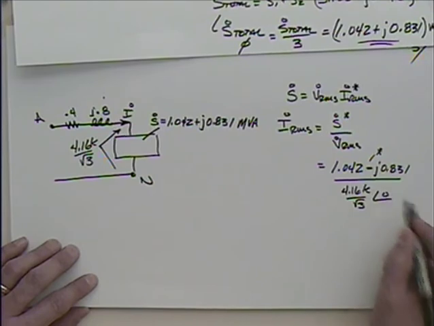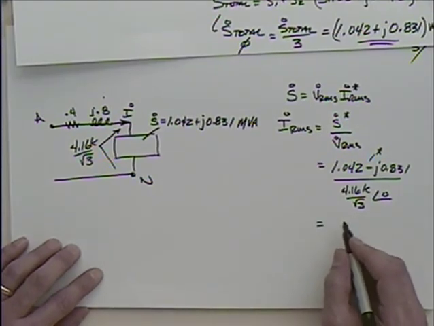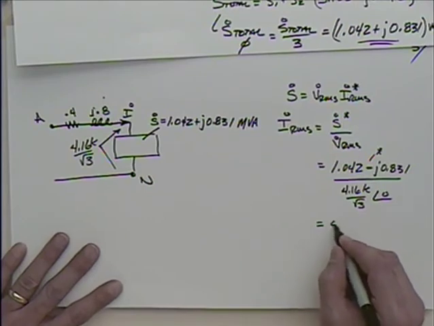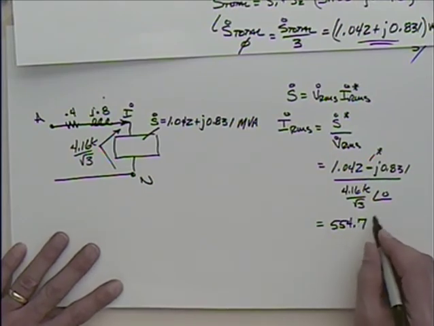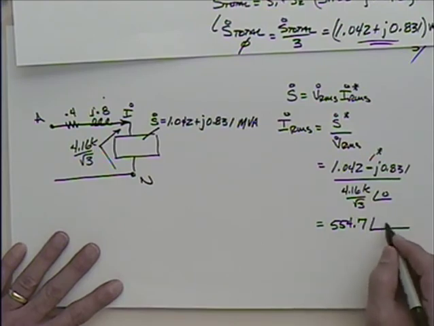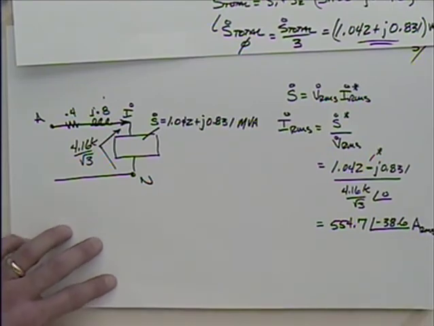I'm just going to take that as a reference at 0. So when I get done with that, I have 554.7 at minus 38.6 amps RMS, which is a big current.